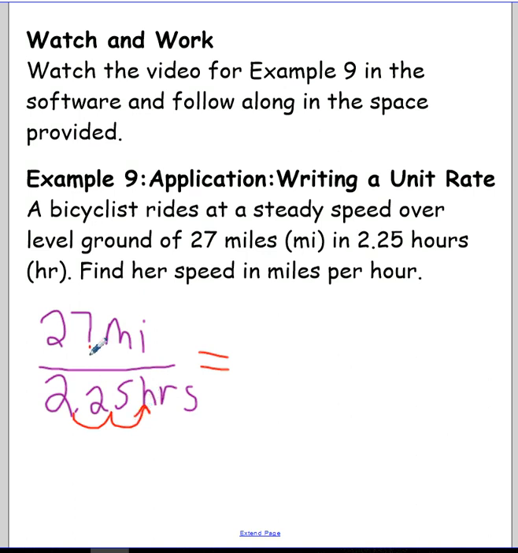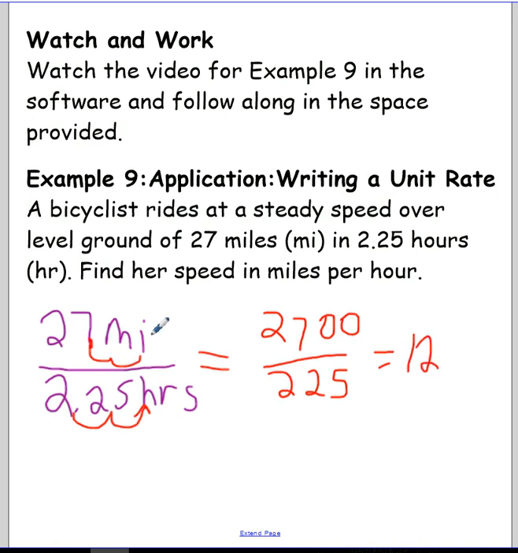So that means you would have to move the decimal here 2 spaces, and our decimal is understood to be here, so to get it back here, we would have to add 2 zeros. So we would make that 2,700 over 225. And then we could simplify that, and it would still give us 12.